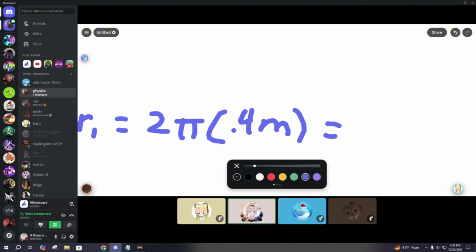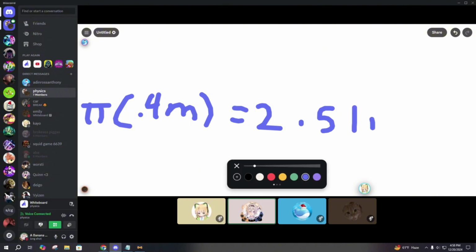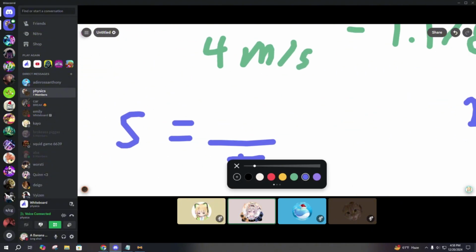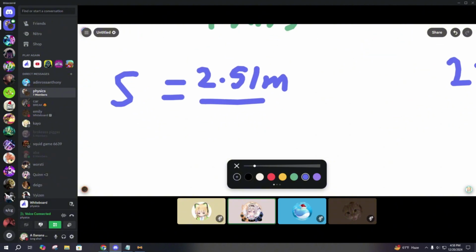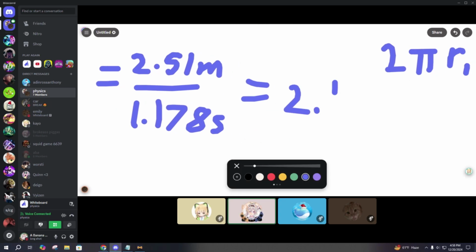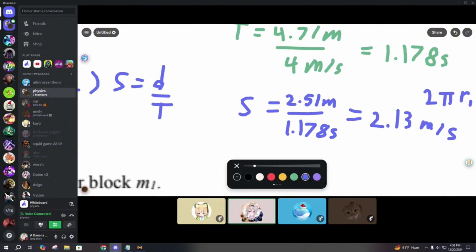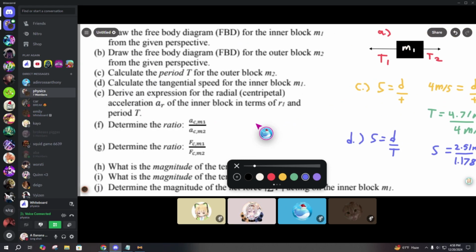And that's going to equal 2.51 meters, and over this time frame, this T over here is equal to 1.178 seconds. So that gets my tangential speed to be 2.13 meters per second. So that's the tangential speed of the inner block M1.